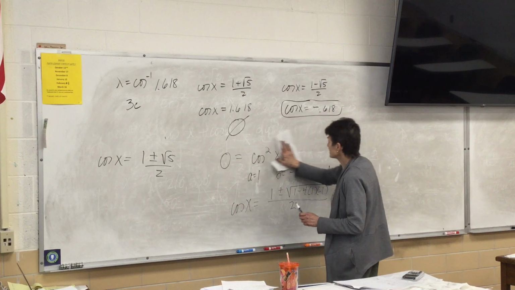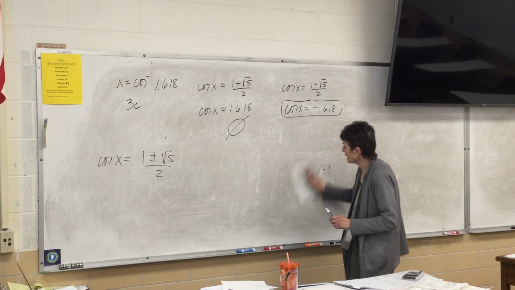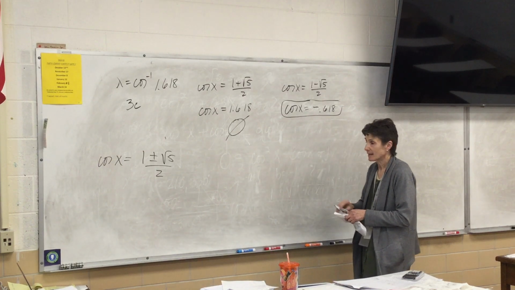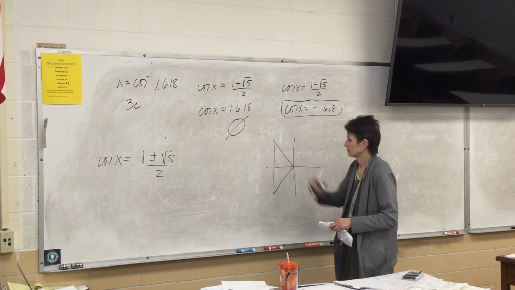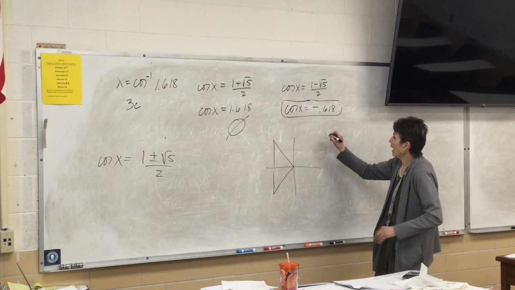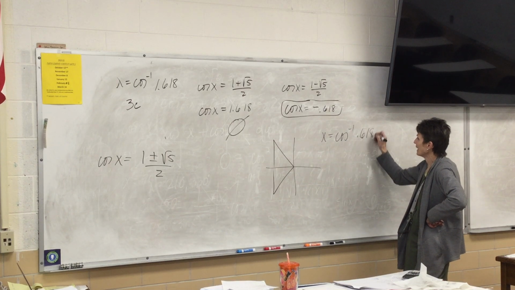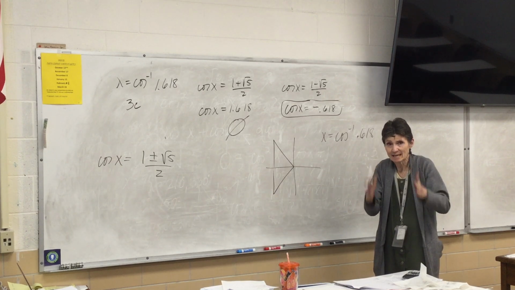Now, where is the cosine a negative number? Cosine is x. X is negative over here. So I want you to second cosine 0.618. Notice I dropped the negative because I've already taken care of it.